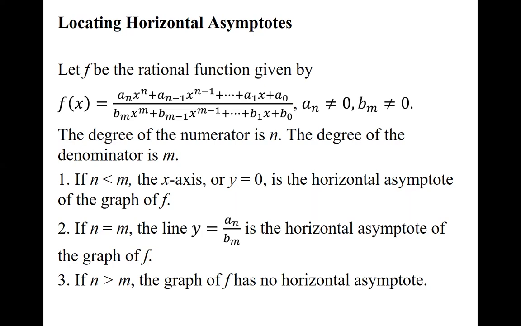And you might be thinking, oh no, three things to remember. It's not that bad. If the degrees are the same, we take the ratio of the leading coefficients. If the top is smaller, then we have y equals 0. If the bottom is smaller, then there is no horizontal asymptote. Instead, we'll get a slant asymptote. We may or may not look at slant asymptotes in just a little bit.